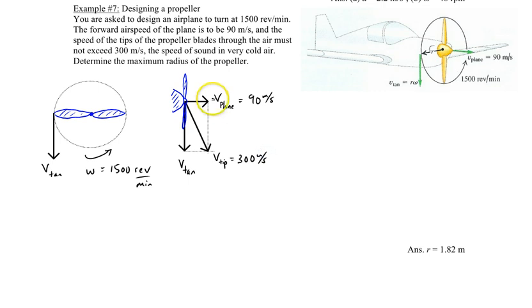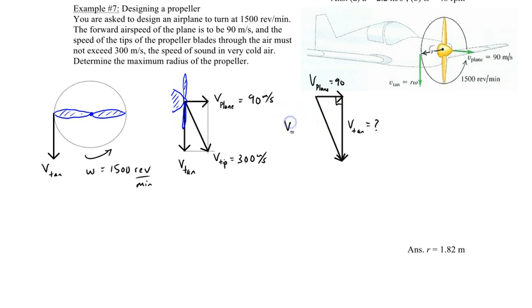So we really know this component and the one that's along the hypotenuse, the resultant velocity, but we do not know the tangential velocity. But we could figure that out. We know this side, V of the plane, which is 90. We do not know V tangential, but we do know the hypotenuse of this right triangle.